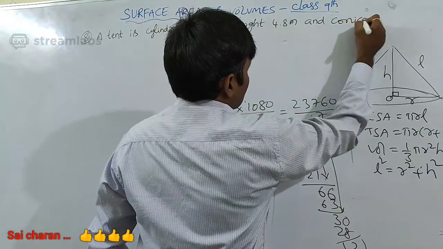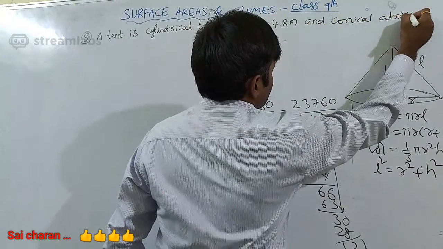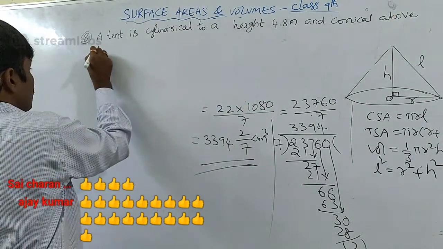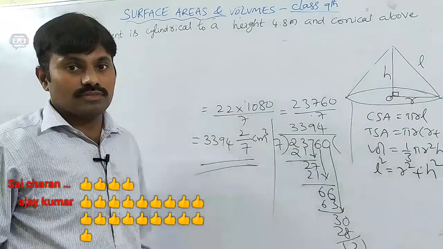Conical above it meaning the conical part is above the cylindrical part. Okay.